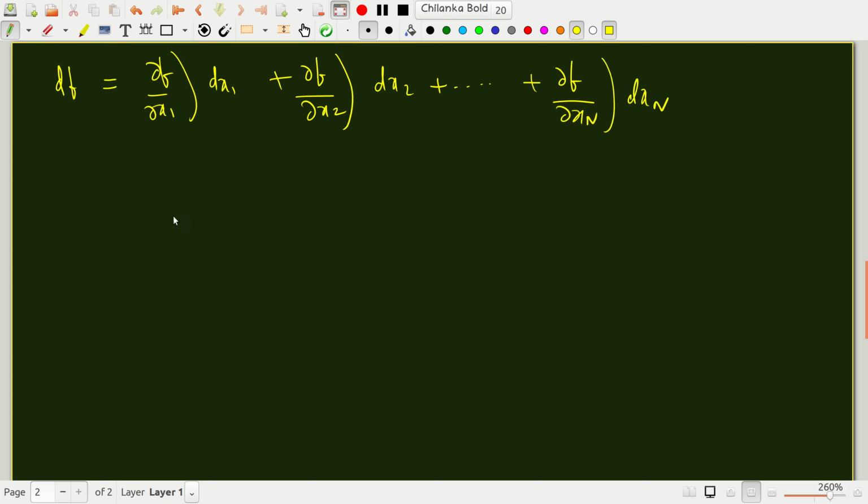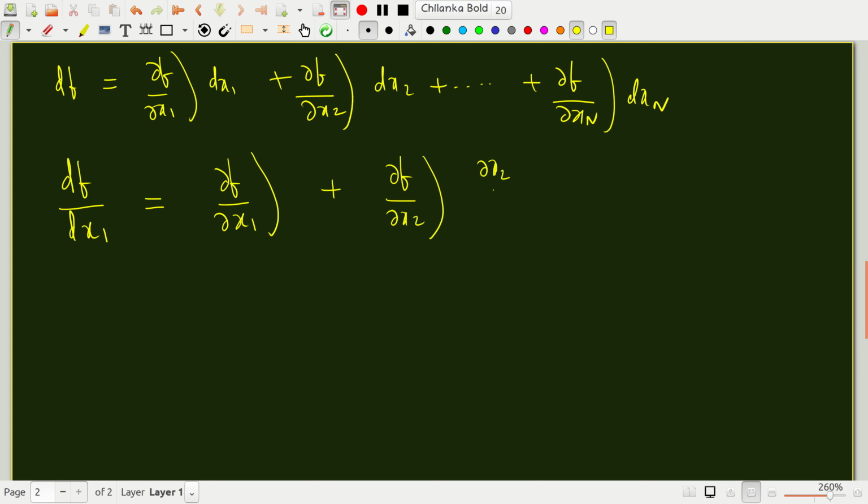Now if you take the total differential df with respect to dx1, this will give you partial f partial x1, since dx1 by dx1 is 1, and you'll get partial f partial x2 times dx2 by dx1, plus so on up to partial f partial xn times dxn by dx1.